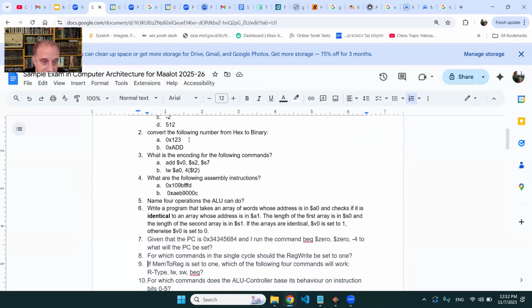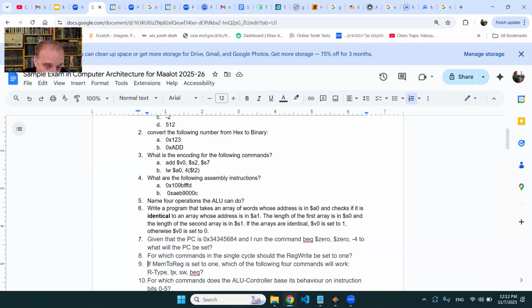The question was, which of the following commands will work? Well, the R type won't work, but all the other ones will work because BEQ doesn't care. He's not writing anything. Store word doesn't care. He's not writing anything to a register. He's writing to memory.